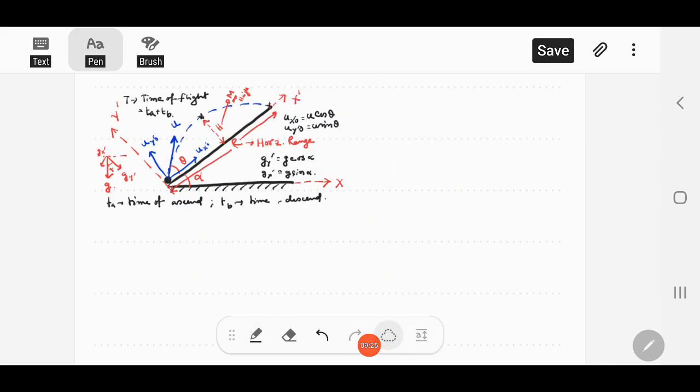So let's just continue our analysis here. At the maximum point, the vertical component of velocity, u y, will be 0. So at the maximum point, if we apply the equation of kinematics, v is equal to u plus or minus at.